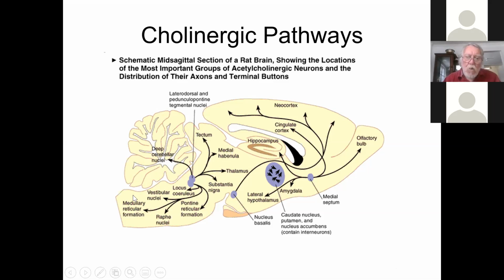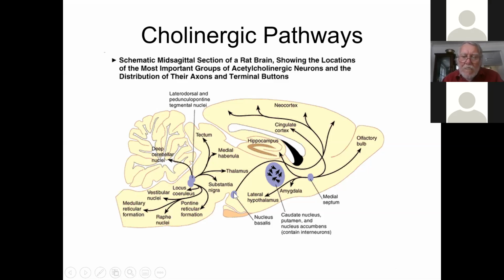And in virtually all of these cases, this activation through cholinergic neurons is excitatory.